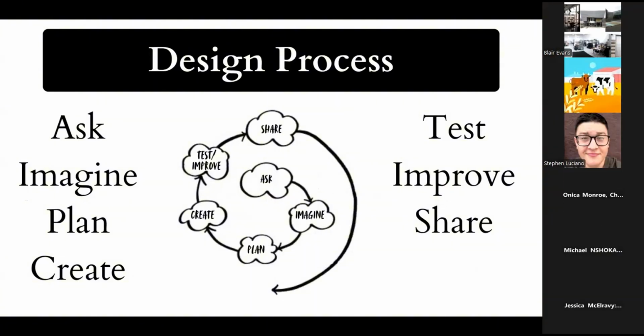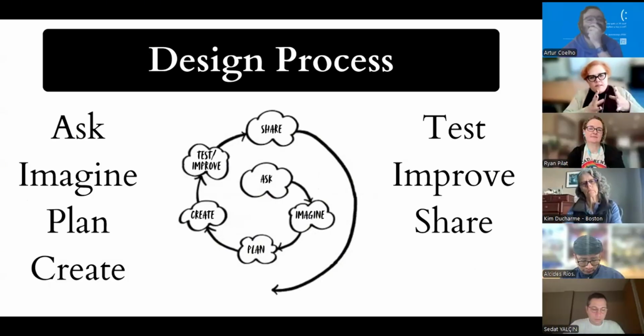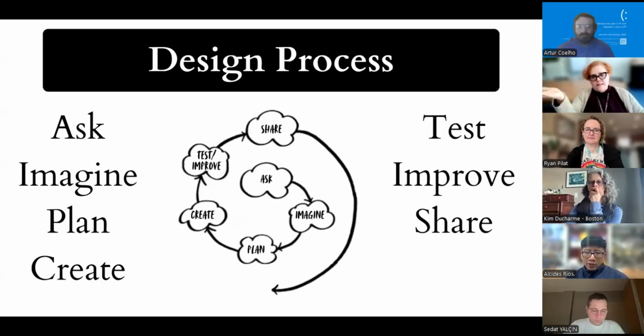So if I had given them physical things, they would be tinkering with it without really slowing down their thinking. The design process is: you first ask questions, then you imagine what your solution would be, then you plan to execute it, then you create it, then you test it, improve it, test and improve, go back and forth, and then you share out, saying, look, I did this.